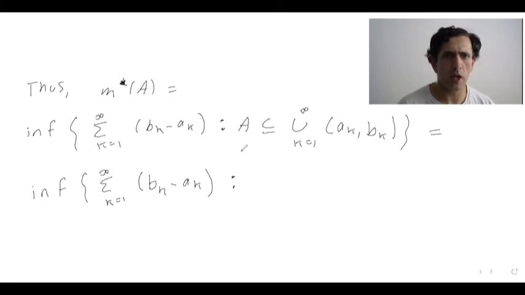So in other words, we have equality here, because we're dealing with exactly the same intervals. Okay? These intervals, a_k, b_k, are exactly the same.